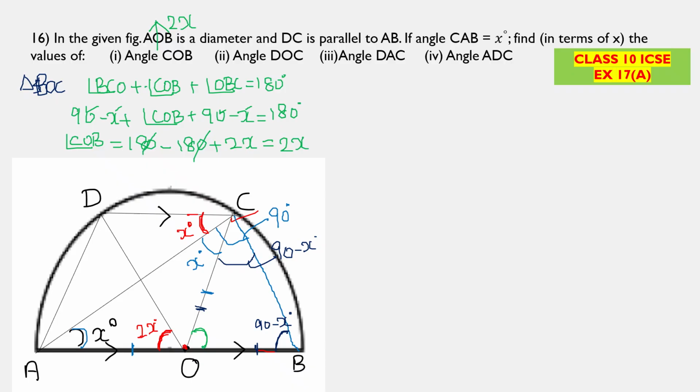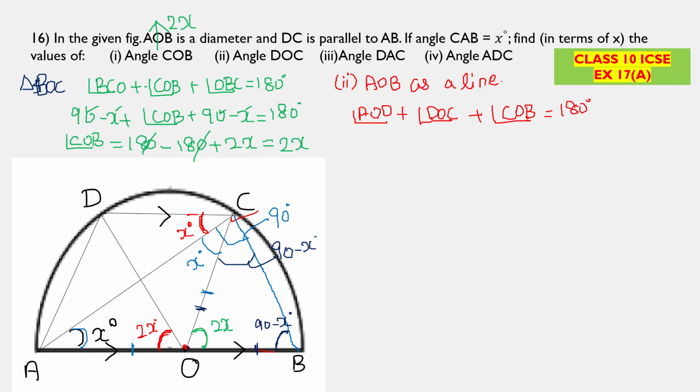Now we need to find angle DOC. Here this one is 2x. We can consider AOB as a straight line, because it is given as a diameter. So we can use the linear angle sum property, because the straight line is divided into three different angles: AOD plus DOC plus COB equals 180 degrees. We already know AOD is 2x, and DOC we are going to find.